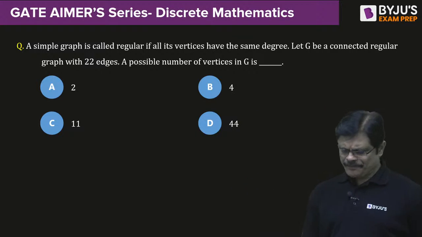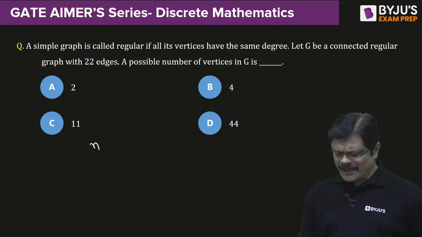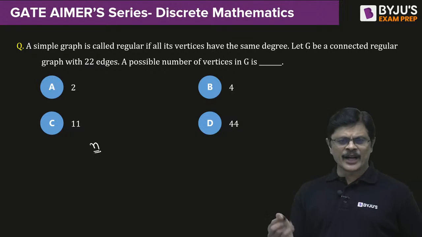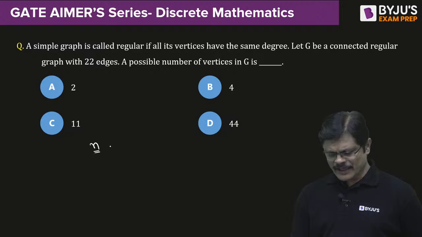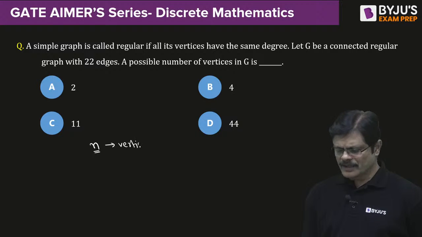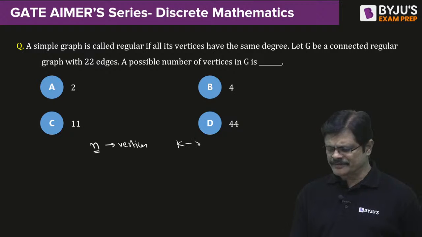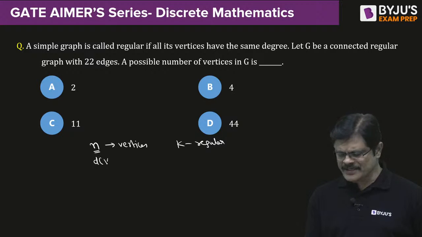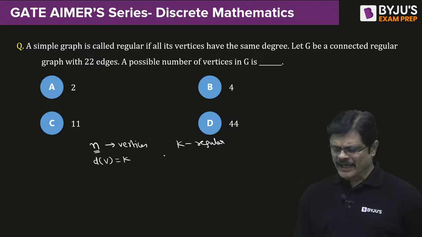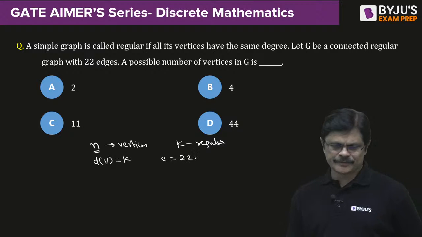Now look here, sir. Suppose n is the number of vertices and it's a k-regular graph. Therefore, the degree of each vertex is k and the number of edges is given as 22.